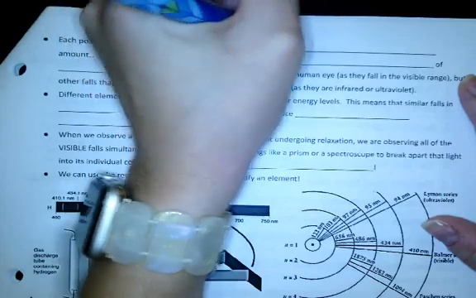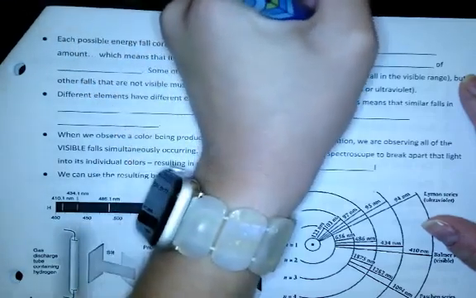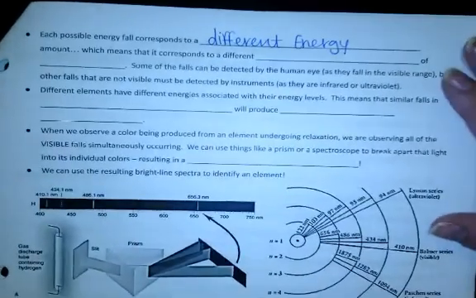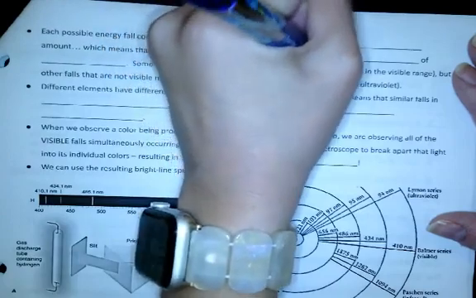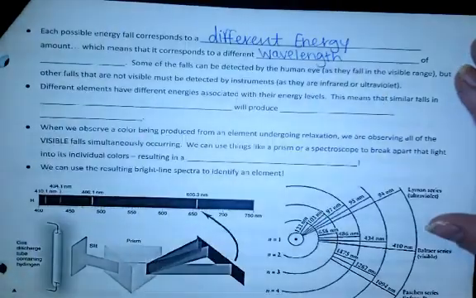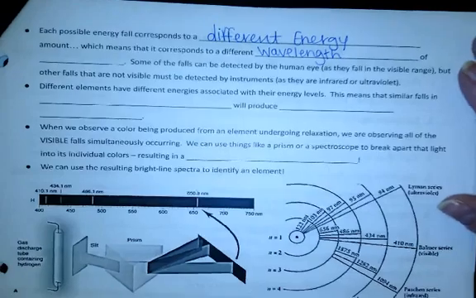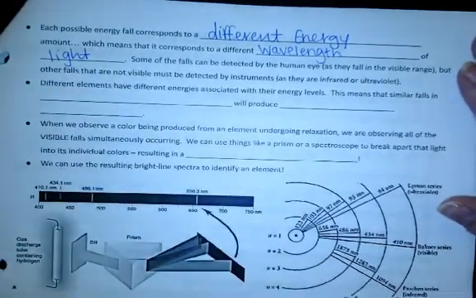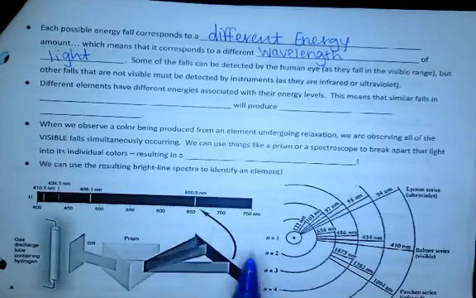Remember, a different energy amount corresponds to a different wavelength. Each wavelength has a different energy. The shorter the wavelength, the higher the energy. And this is the wavelength of light. Some of the falls can be detected by the human eye as they fall in the visible range, so we see this as color.